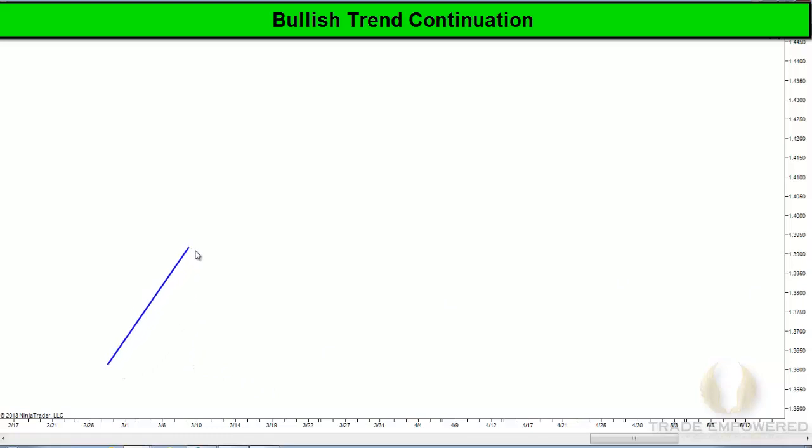We'll get an impulse leg up, creating a new structure high. Then the market will give us an outside return, also referred to as a pullback or a retracement. Next, the market will give us another new structure high, followed by yet another outside return. And as long as this pattern is continuing of new structure high, outside return, new structure high, outside return, we know that the market is trending.